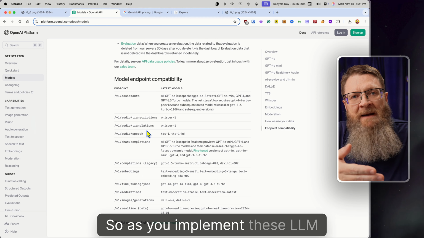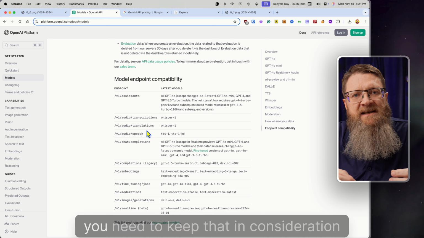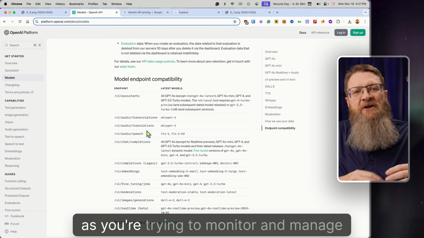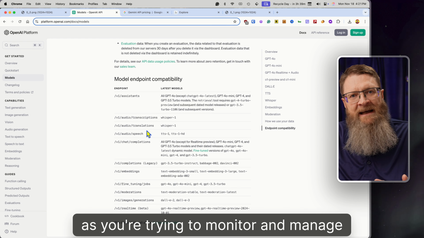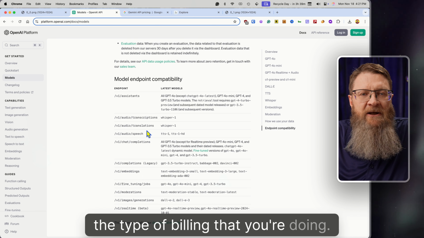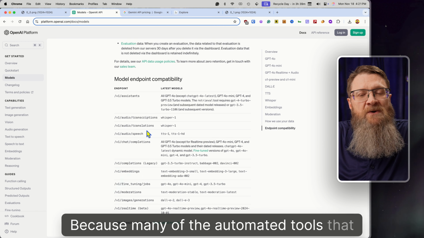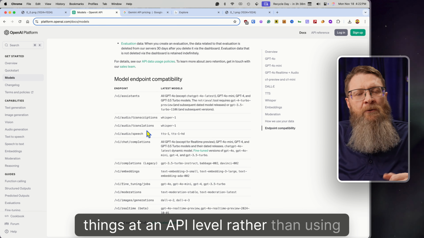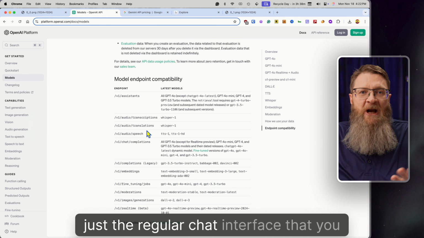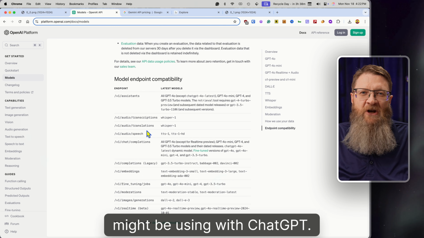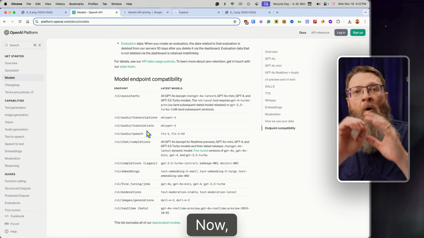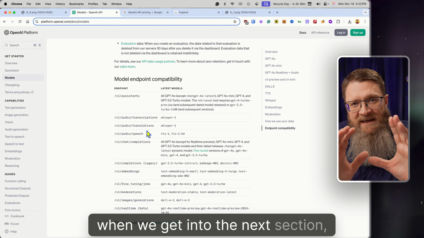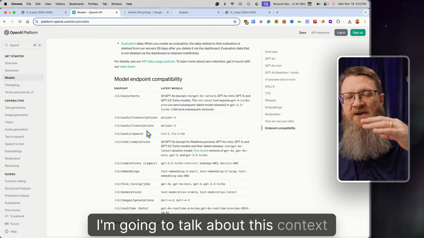So as you implement these LLM technologies, you need to keep that in consideration as you monitor and manage your billing, because many of the automated tools that you use actually interact with these models at an API level rather than using the regular chat interface that you might be using with ChatGPT.